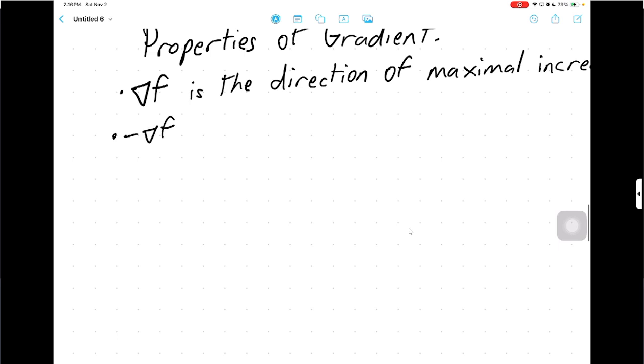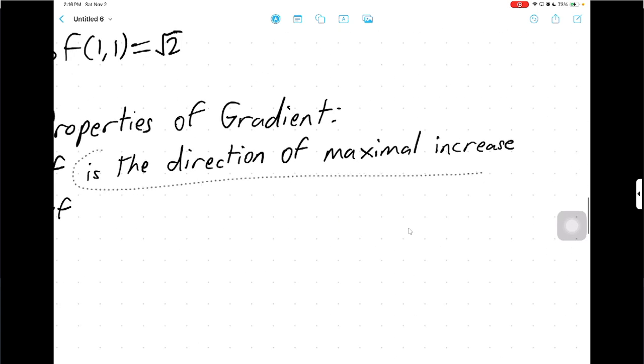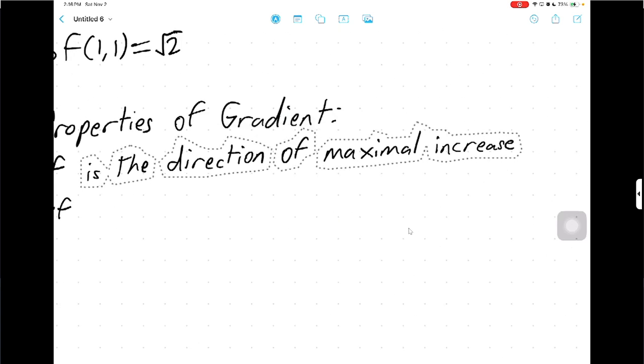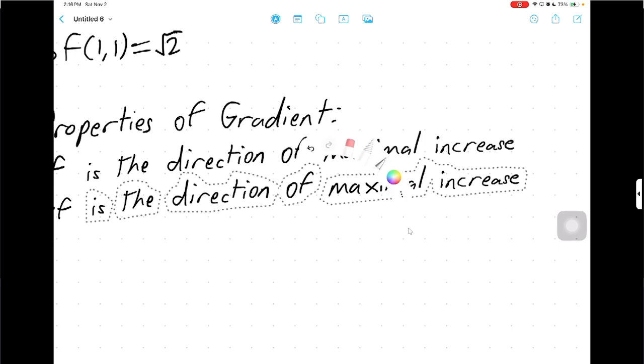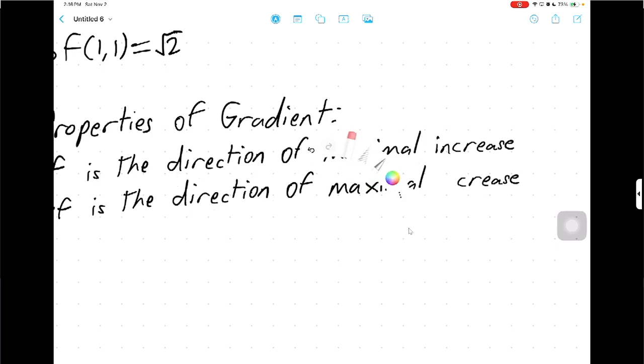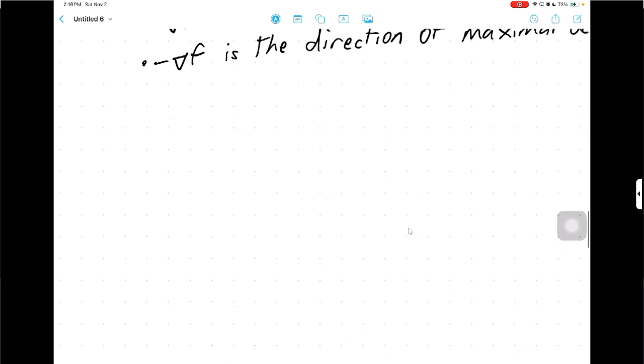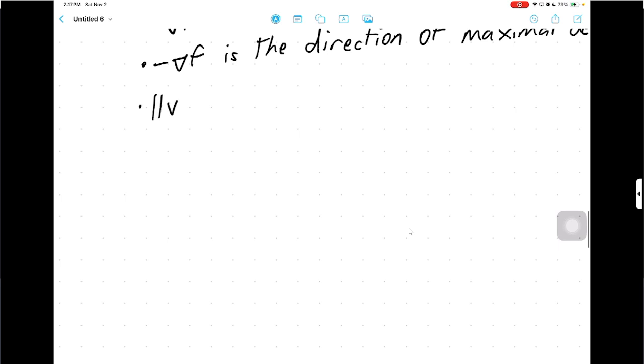The negative of this is going to be the direction of maximal decrease. Like so. The magnitude of the gradient is the maximum slope the function attains.